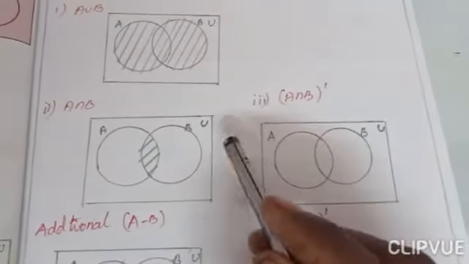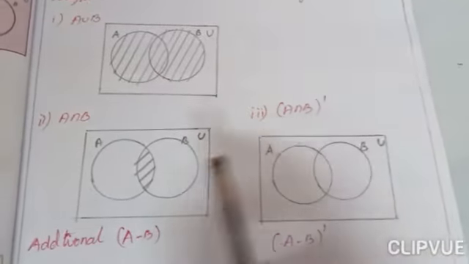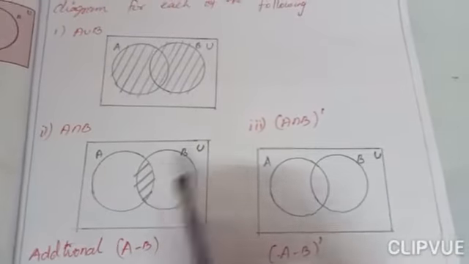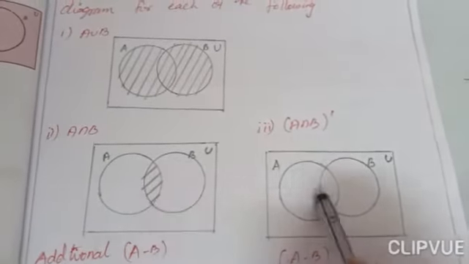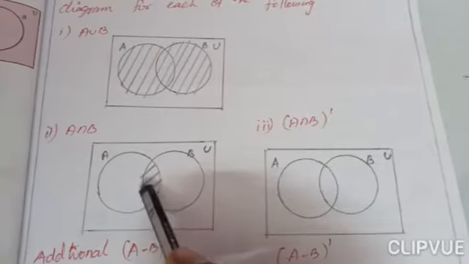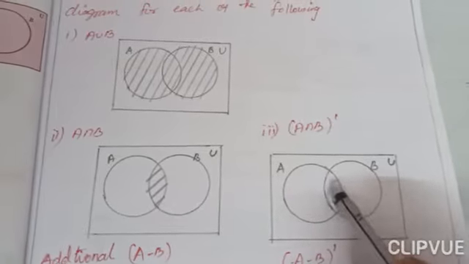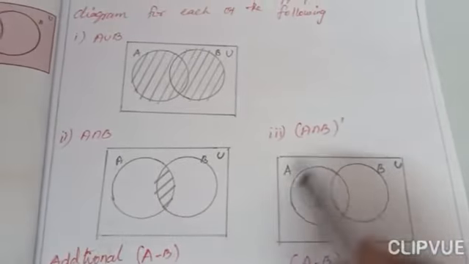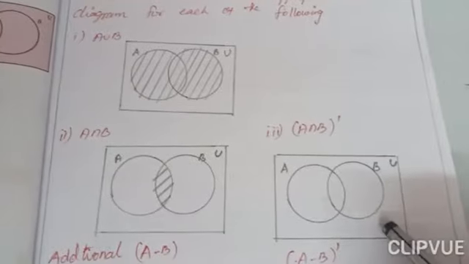Next, in the third one, they are asking A intersection B the whole dash. Students, always keep it in your mind. A intersection B the whole dash means the opposite of this diagram. You shaded inside the intersection part. In this diagram, you should not shade this part. Have to shade the remaining part of this Venn diagram.